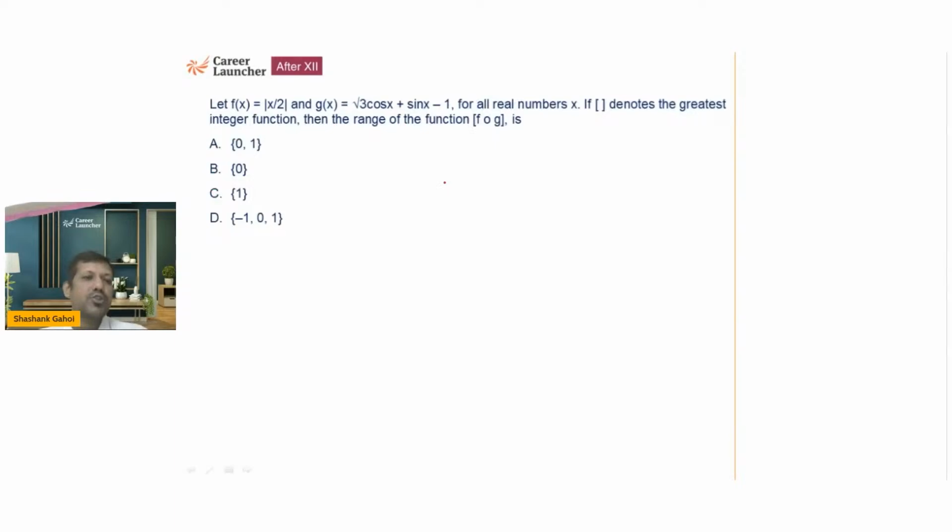Now let's see this question. It says f(x) is equal to mod of x minus 2 and g(x) is equal to this. Find this. Okay, so basically for g(x), root 3 cos x plus sin x is a function that we know lies between minus 2 to 2.